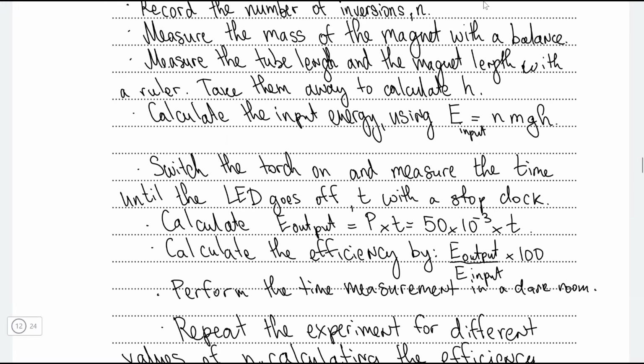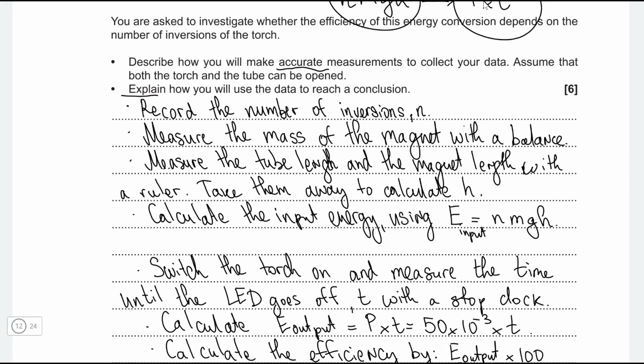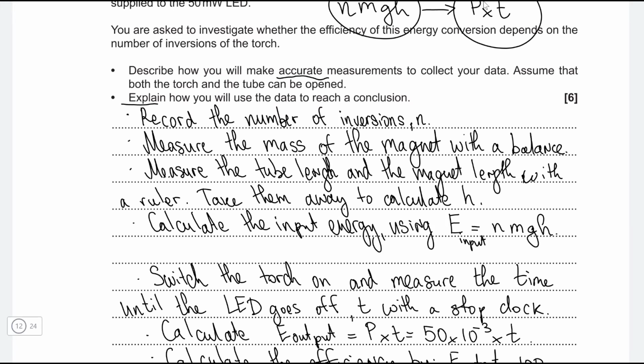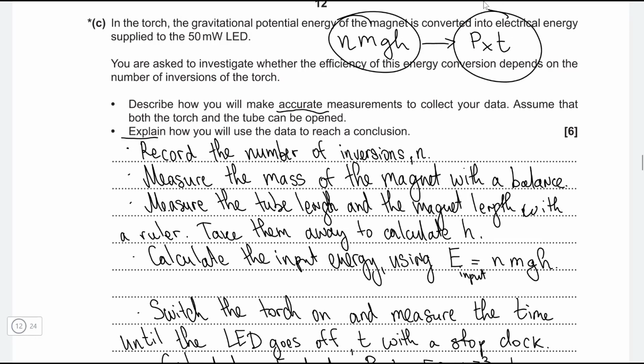In order to really understand the relationship between them, in order to reach a conclusion, we would need to plot a graph. And this would be a graph of our number of inversions against our efficiency. For instance, if the graph is a straight line through the origin, that would mean that they're directly proportional. It could be another relationship, and so on.